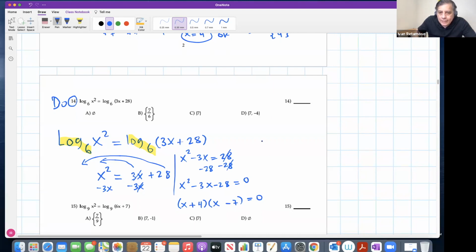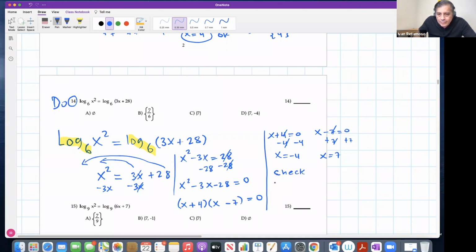Great. Now, from there, I can say that the candidates for the solutions are x equal -4, one candidate, and after adding 7 to both sides, x equals 7, the other candidate. So now let's check if they are good solutions.